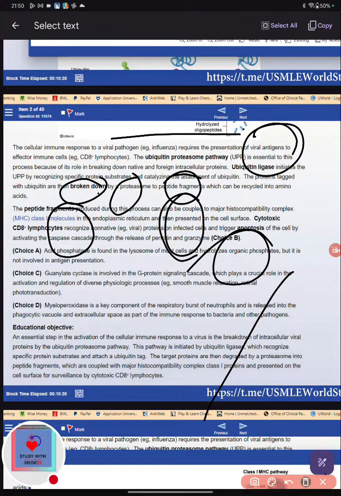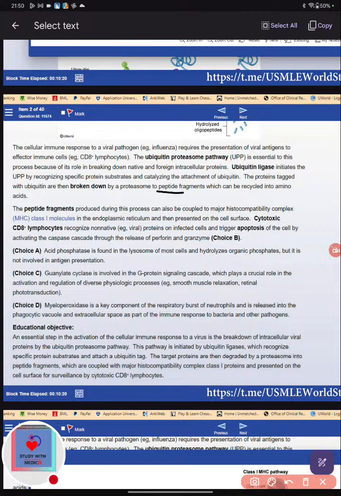Proteins tagged with ubiquitin are broken down by a proteasome to peptide fragments. These peptide fragments are broken into amino acids and can be utilized. The peptide fragments produced during this process can also be coupled to major histocompatibility complex molecules in the endoplasmic reticulum and then presented on the cell surface.